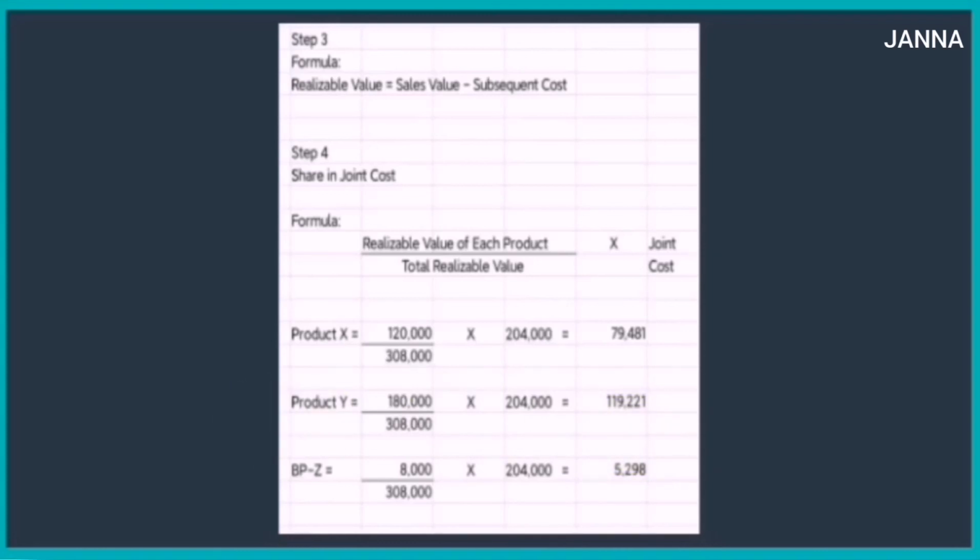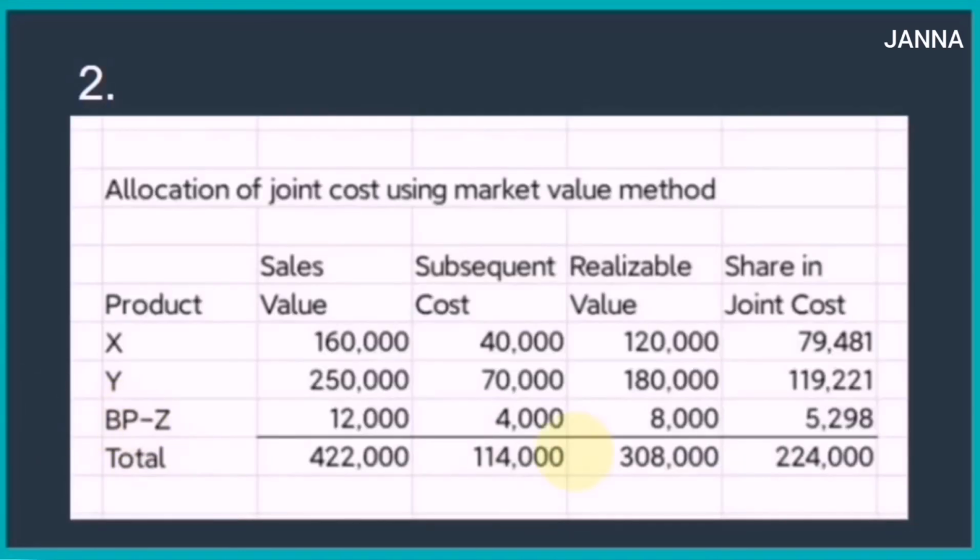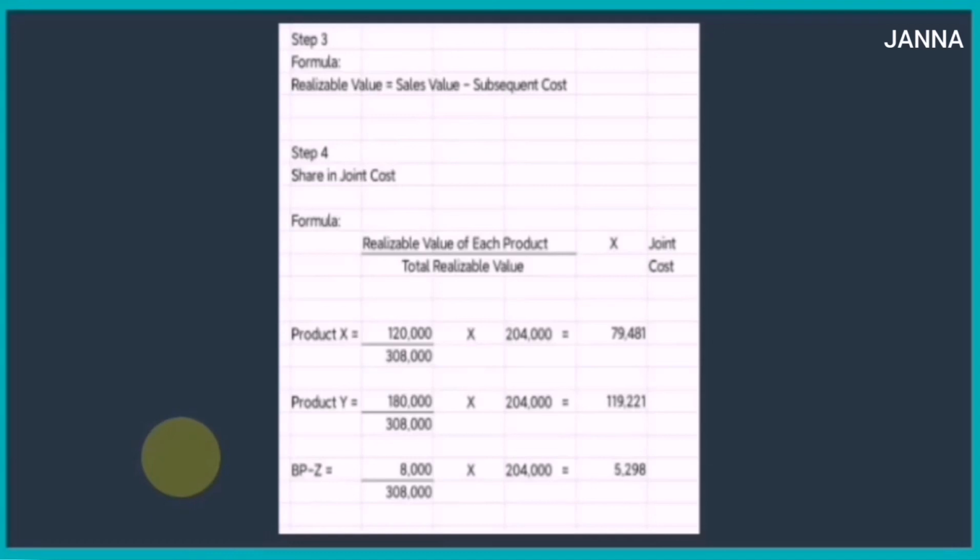Then the next, byproduct Z, share in joint cost, 5,298. Supporting computation, 8,000 na realizable value over 308,000 na total realizable value multiply sa joint cost na 204,000 to arrive with the share in joint cost of byproduct Z na 5,298.